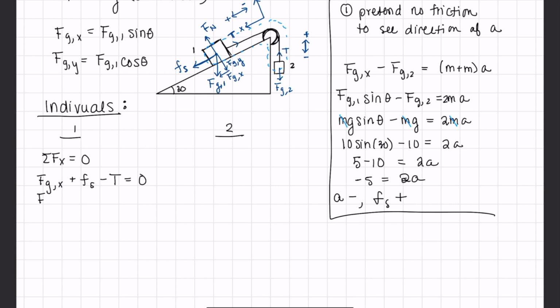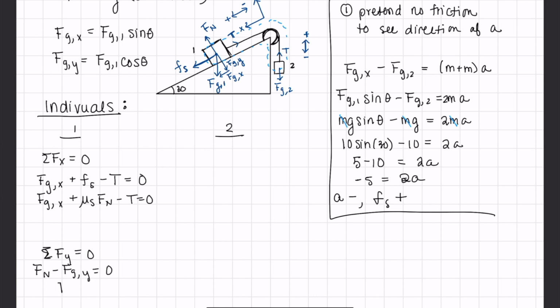If we expand that and just put mu s times Fn minus T equals 0, we need normal force. So we'll get that from taking the sum of the forces in y equals 0. We'll get F normal minus FGY equals 0.